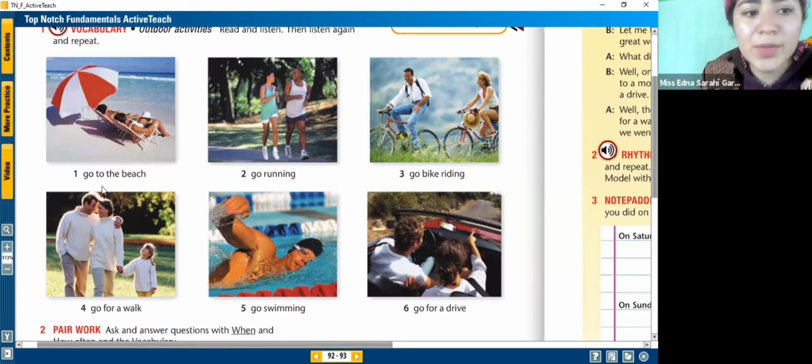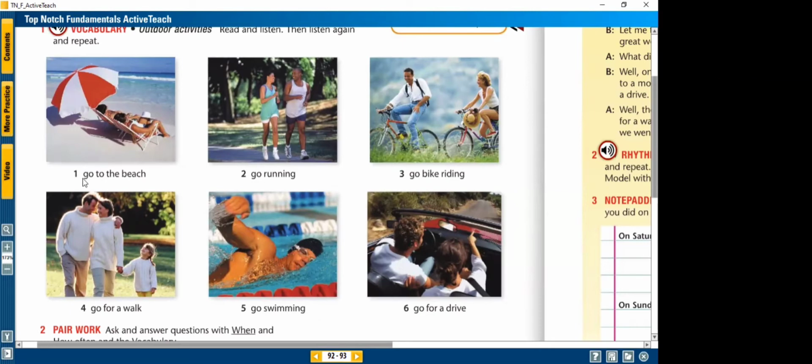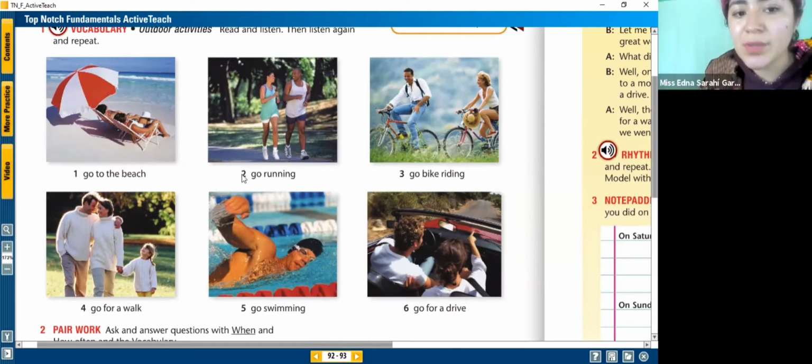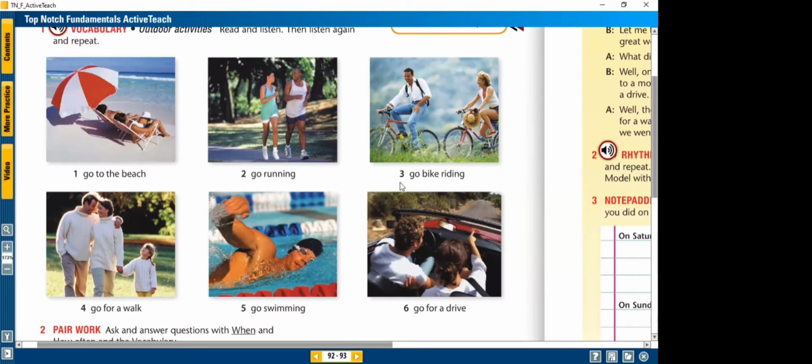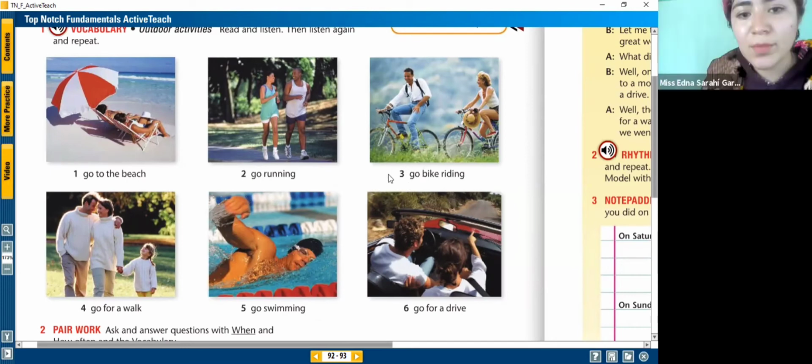Okay, Dania, pronunciation for the number 1. Go to the beach. Thank you. Lilian, pronunciation for number 2. Go running. Okay, Dania, number 3.